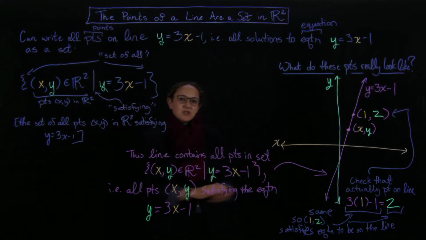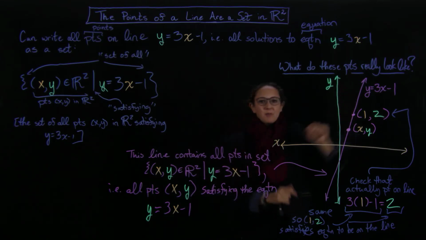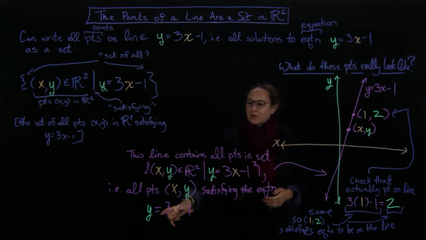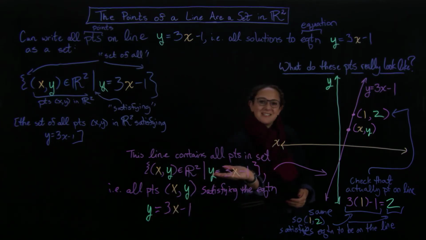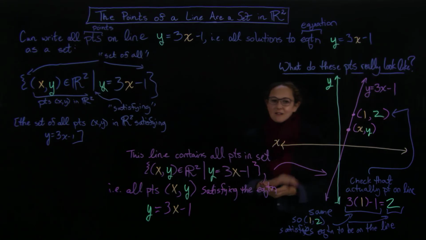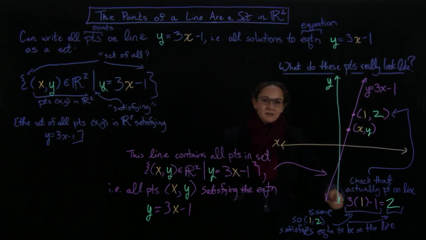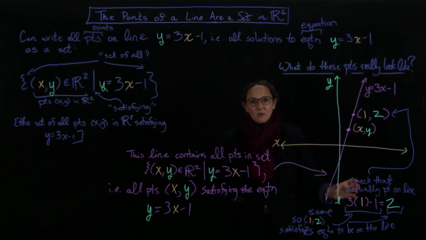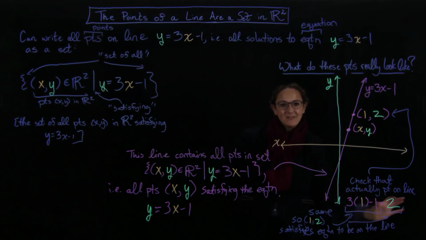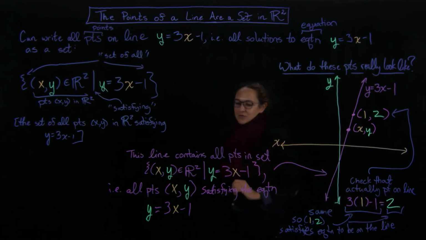You can check that: if I had a point on here, I would plug it into this equation, which is the same as the line equation. When we stick in 1 for x and 2 for y, we indeed get the same thing on the left and right.